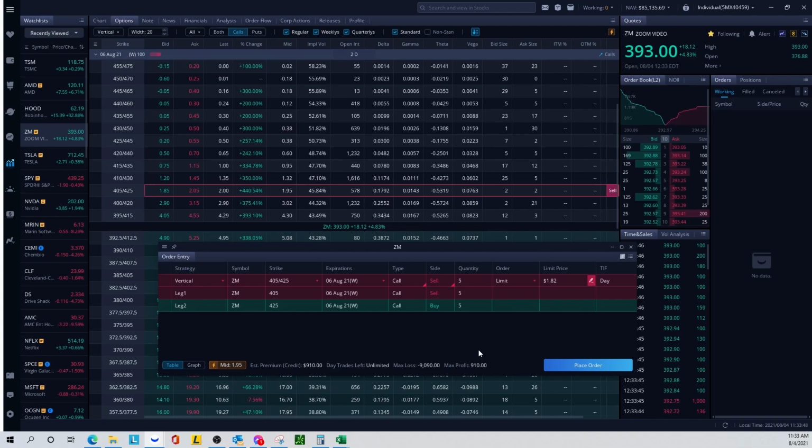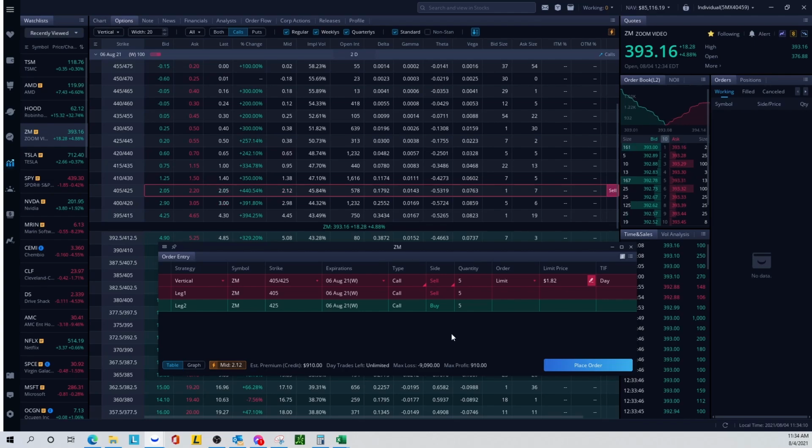Selling spreads does require a lot of capital, especially if you're doing multiple contracts. So you really want to make sure you've got the appropriate buying power and the appropriate understanding of how selling premiums works.